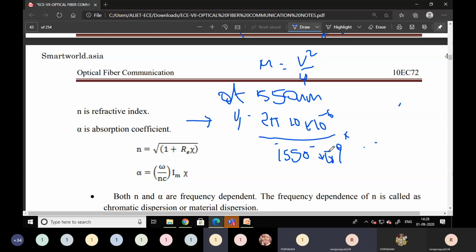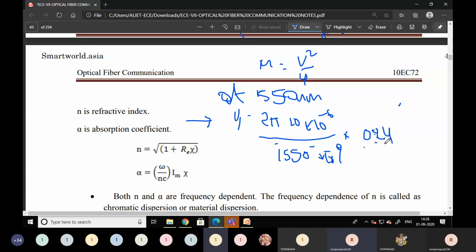So n1 is 1.48 and n2 is 1.46. NA is square root of n1 square minus n2 square. Find out that NA value. 0.24.